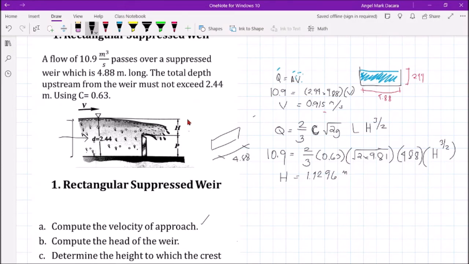So if this is 1.1296 and this is 2.44, then we know how high the crest should be, how tall the weir should be.